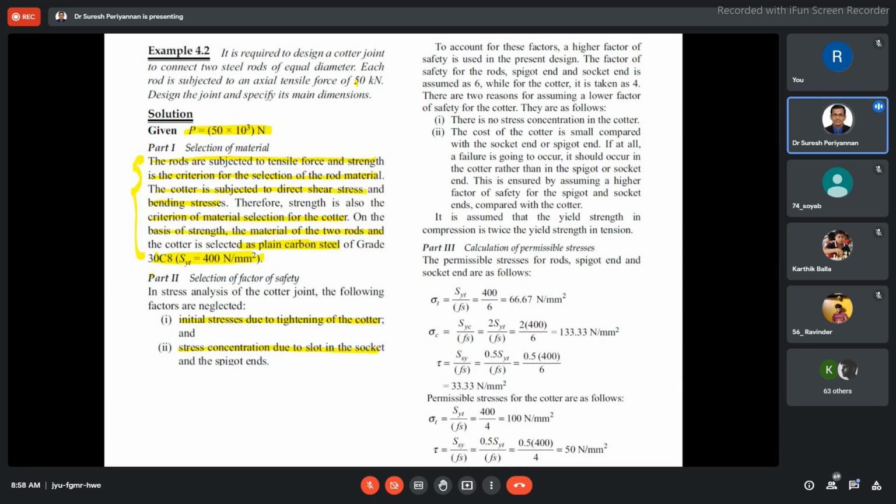When you are neglecting some parameters, then we have to go for a higher factor of safety. If you take those parameters, we have to find the exact FOS. Now I'm neglecting this kind of information in my design, hence I'm going for a higher factor of safety.